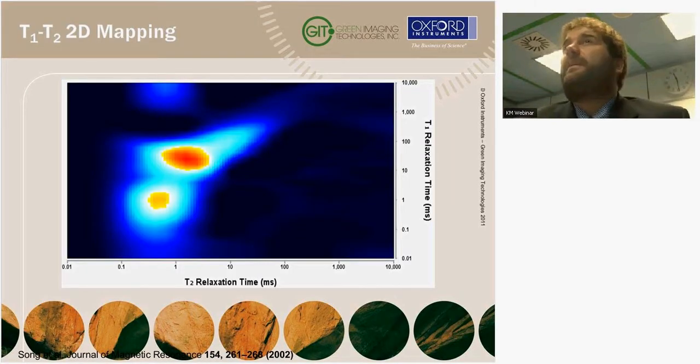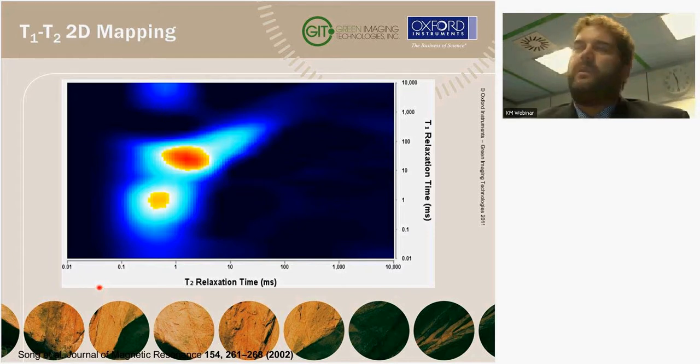This is a different map in which we've plotted two different properties again. This is T2, but in this case we've plotted T1. These two different lifetime measurements, T1 and T2, are signal lifetimes. I'll get into what exactly they are this way.